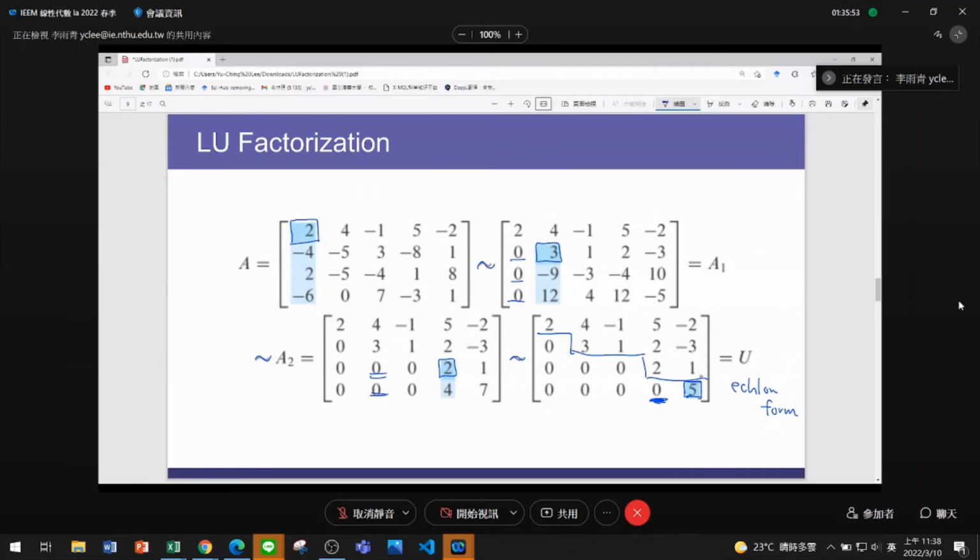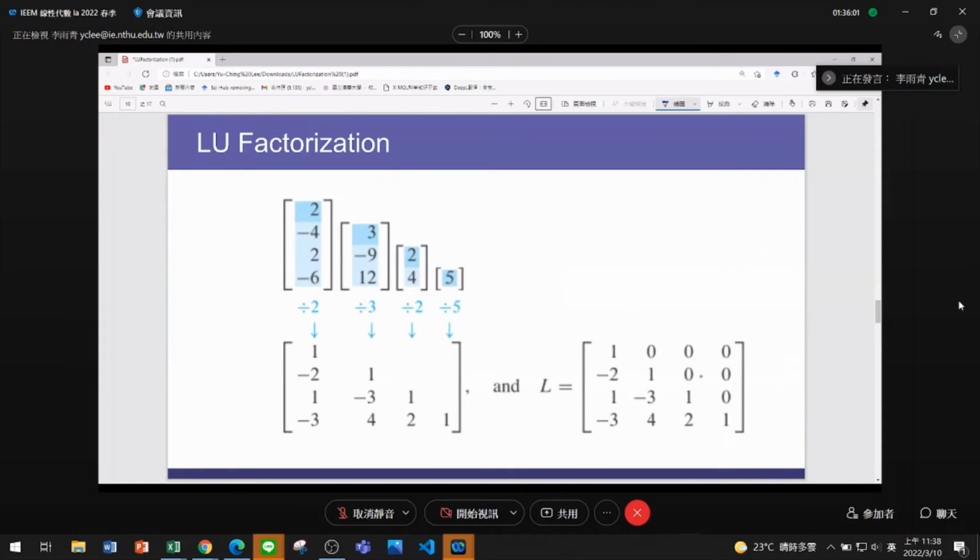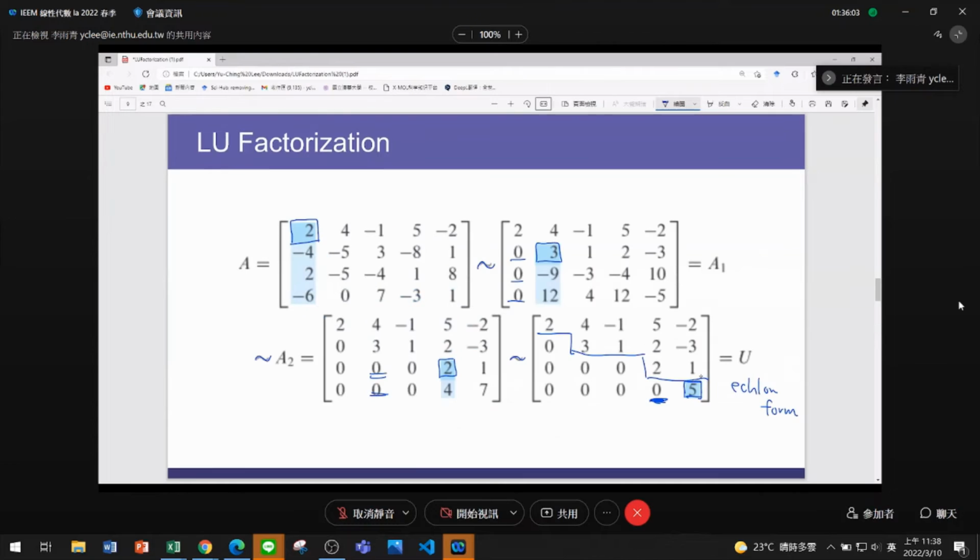It looks like this. We have 4 rows and 4 pivot positions. The pivots we identify are 2, 3, 2, and 5.